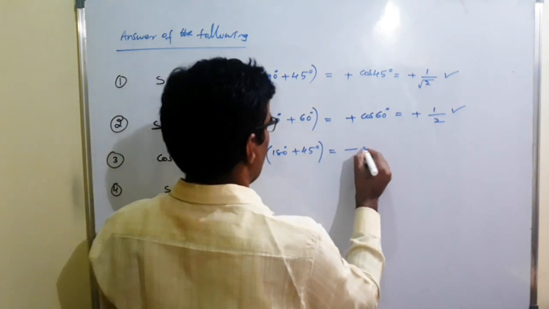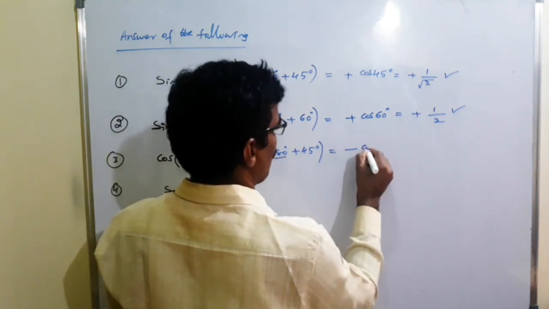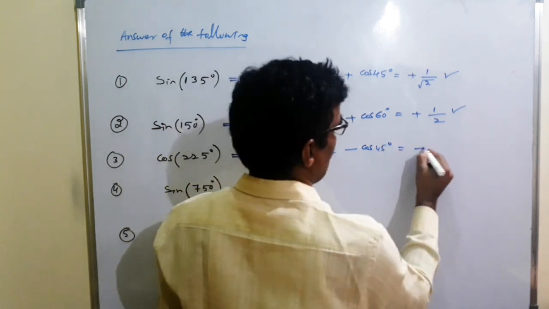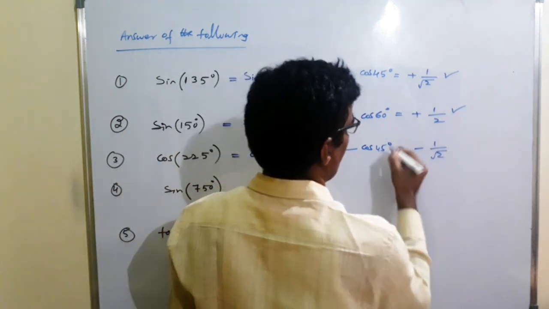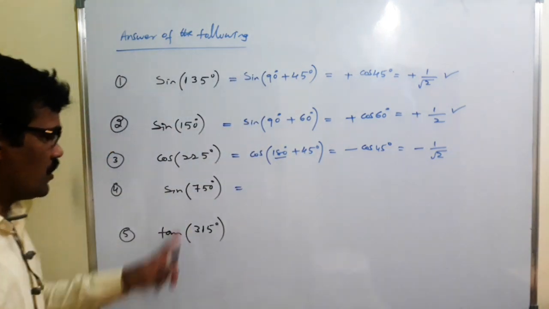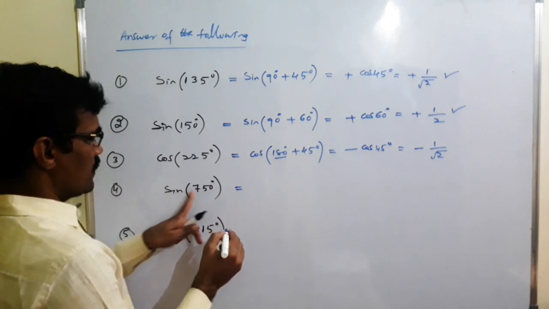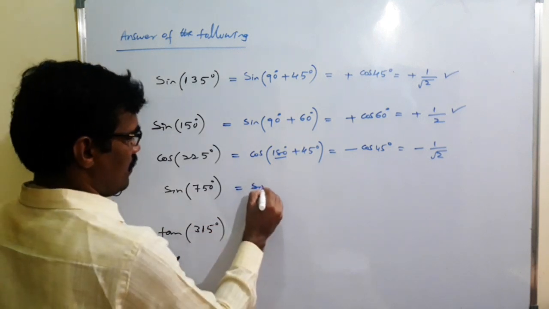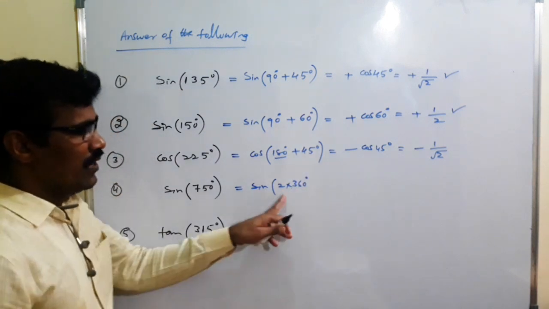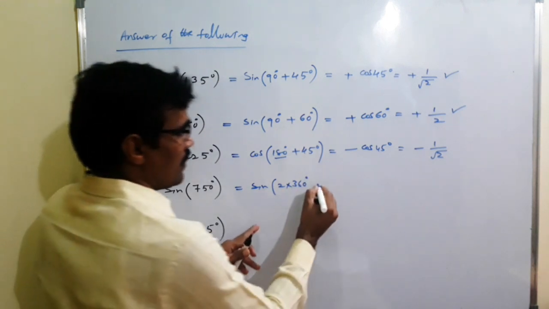So here minus, 180 is there, cos 45, which is equal to minus 1 by root 2. Then students, next one is sine 750, sine of 2 into 360, remaining is 30 degrees.